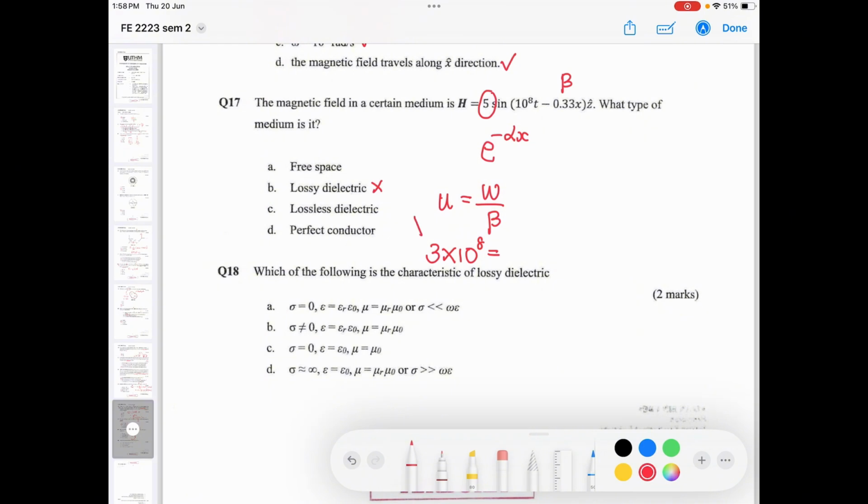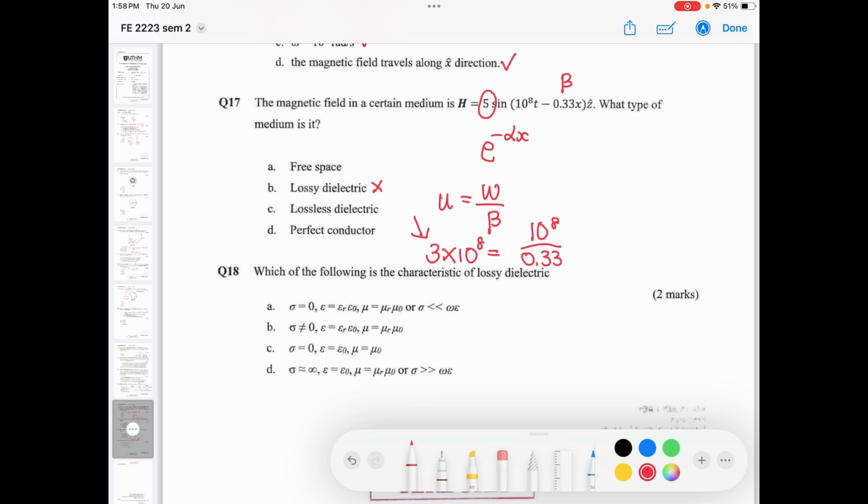This is the speed of the wave in free space. Okay, so let's try. This is 10 power 8 over 0.33. Okay, so 10 power 8 minus what, 0.8.